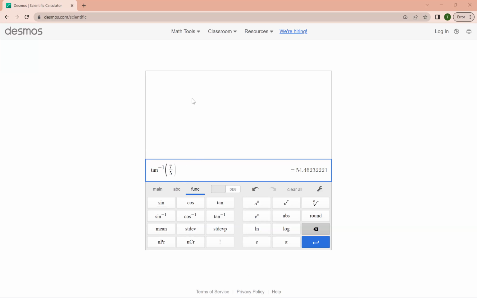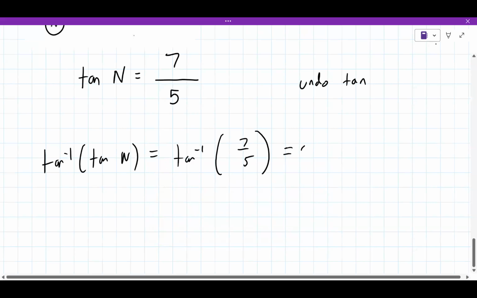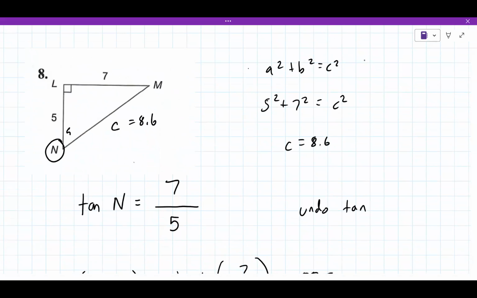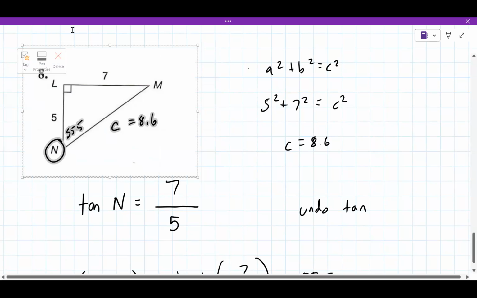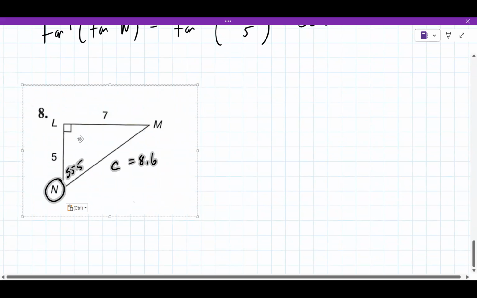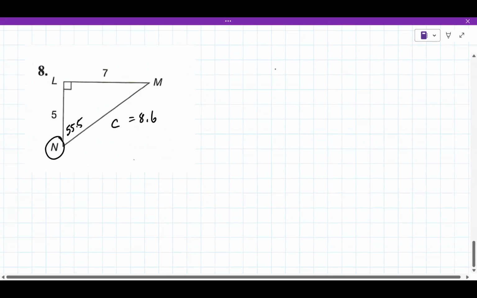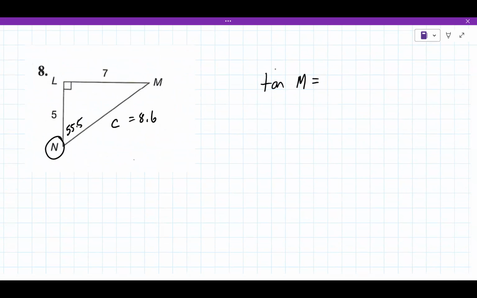Okay, so I'm going to go back to the other screen and I'm going to ask you to start doing the calculations for us. Okay, so this angle here at N is 55.5. So I'm going to grab the triangle one more time here. Okay, and I want us to find angle M. So the tangent of M is opposite over adjacent. So opposite to M is 5, adjacent is 7. So I want you to do this in the calculator.